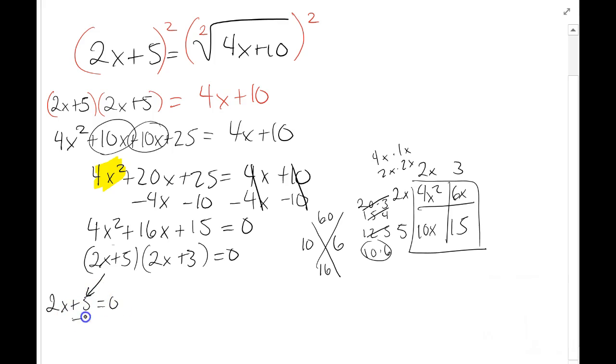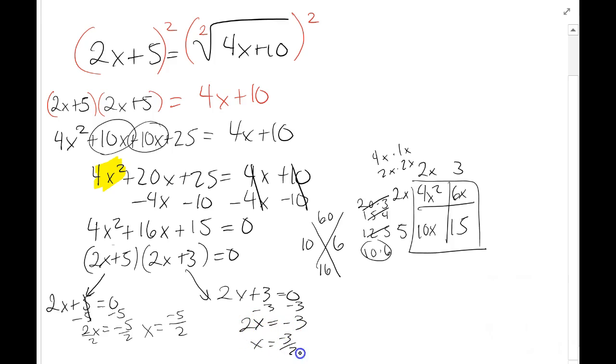And then subtract 5 from both sides. 2x equals negative 5, and then divide both sides by 2, and then x equals negative 5 over 2. Okay, and then over here, 2x, do the same thing, set it equal to 0, and then you should see right away that if I have negative 3 over here, oops, sorry, then I'm going to be dividing both sides by 2, so I'll get negative 3 over 2.